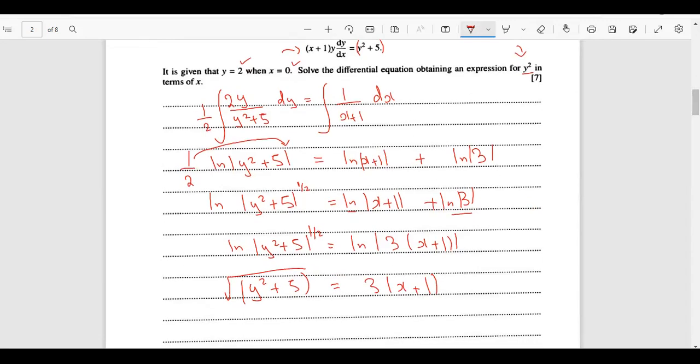And now I'll square both sides to get rid of that square root. The 2 and the square root would be cancelled. Y squared equals 3 squared, which gives me 9, times x plus 1 squared, minus 5. So this is going to be the answer. Okay, so we have solved the differential equation and we obtained y squared in terms of x.